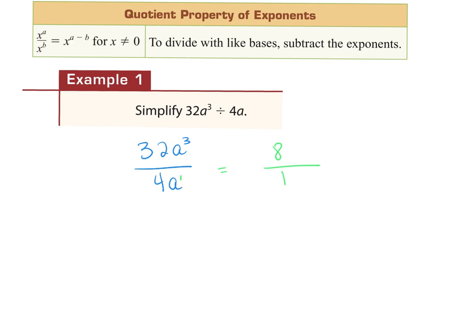So my 8 over 1 is how my numbers reduced. And then I'm going to look at reducing these. Well, my rule tells me if I'm dividing, I need to subtract the exponents. So I have 8 over 1, which simplifies to just 8, and this should simplify to just a squared. That's my answer.